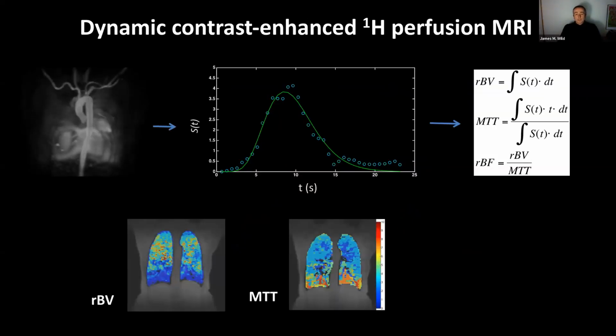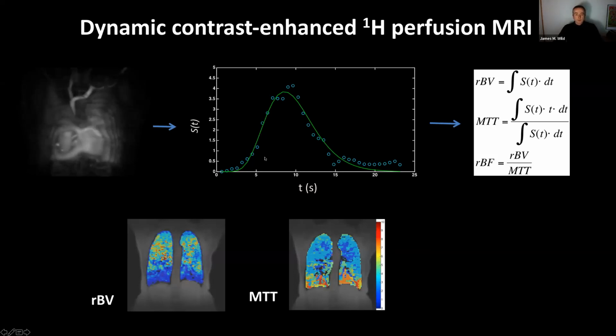Typically with MR, we measure perfusion with contrast-enhanced MRI using injected gadolinium contrast agents. It's a time-resolved method. We can monitor the passage of the contrast through the lungs, through the pulmonary vasculature. We see this bolus passage signal enhancement, and from that we can generate parametric maps of perfusion, which is regional blood volume here.